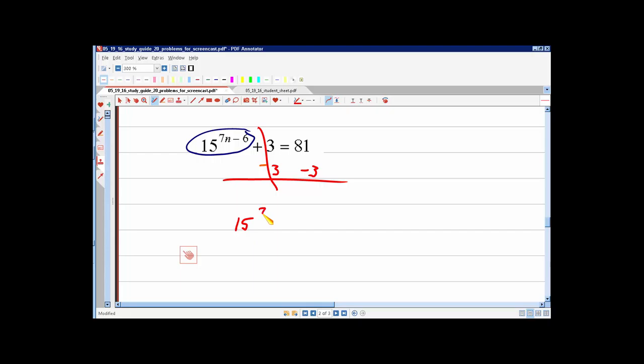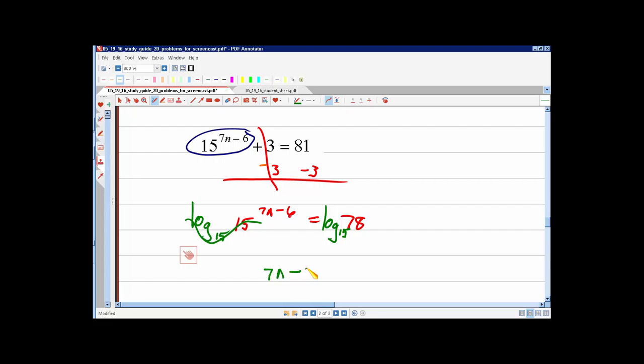So that's going to give me 15^(7n minus 6) equals 78. Now I'm going to do log base 15 of both sides. Okay, so that's going to drop out.